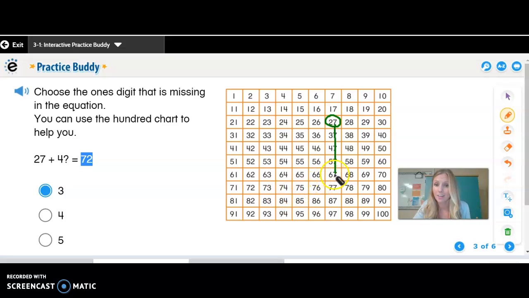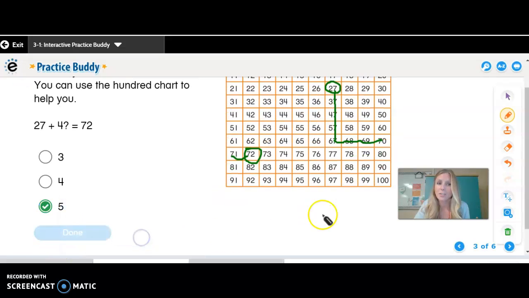Are you ready? 1, 2, 3, drop down, 4, 5. There we go. 5. How many did we move? 5 ones. So 27 plus 45 is equal to 72.